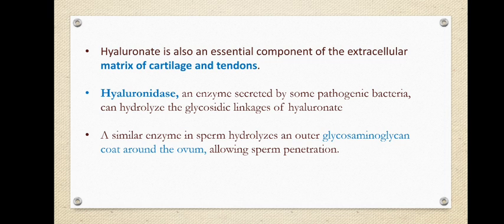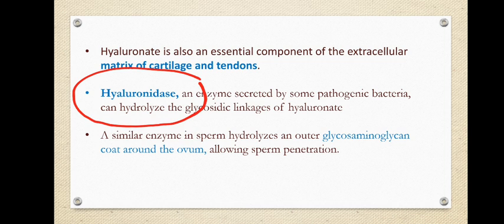And now here we are talking about something you might have already studied in your previous semester, hyaluronidase. This is an enzyme that is secreted at the time of fertilization, that helps in separating the connection between different cells around the ova. And what is the composition that binds these different cells together? It's hyaluronic acid.